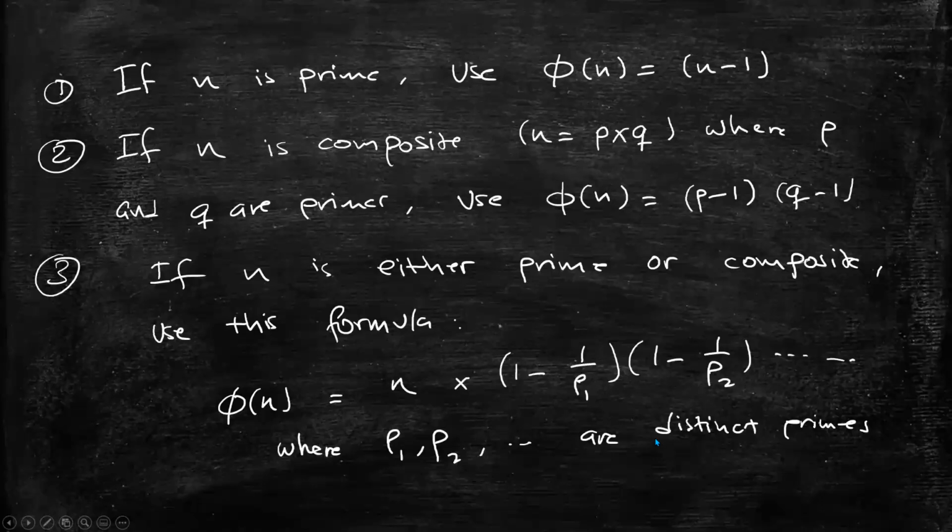Okay, so what we'll do is we can actually apply this particular formula, case number 3, or formula 3, for the example we did earlier of finding the totient function of 102. So let's go ahead and do this now. Let me first of all rewrite the formula in a more generic way.